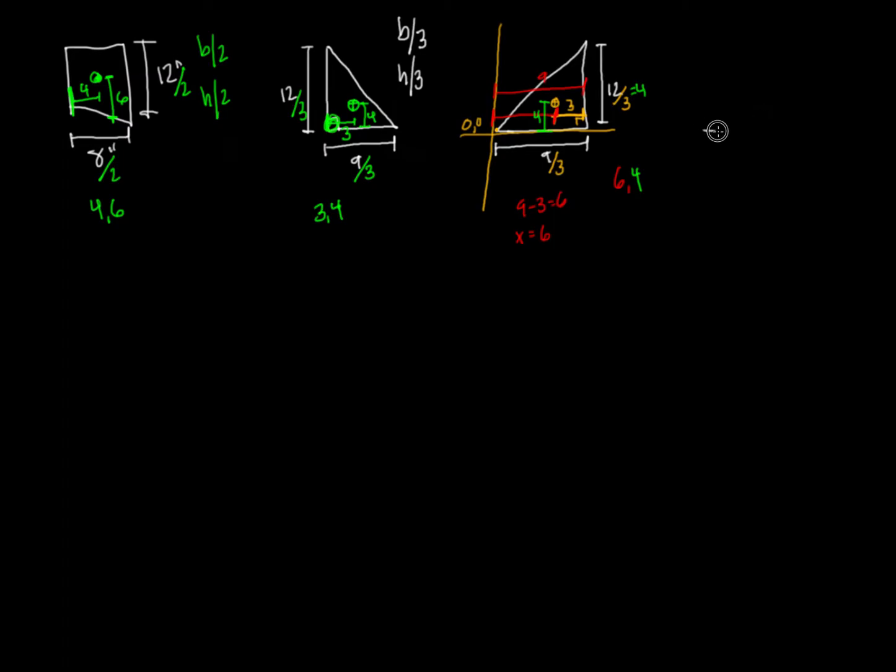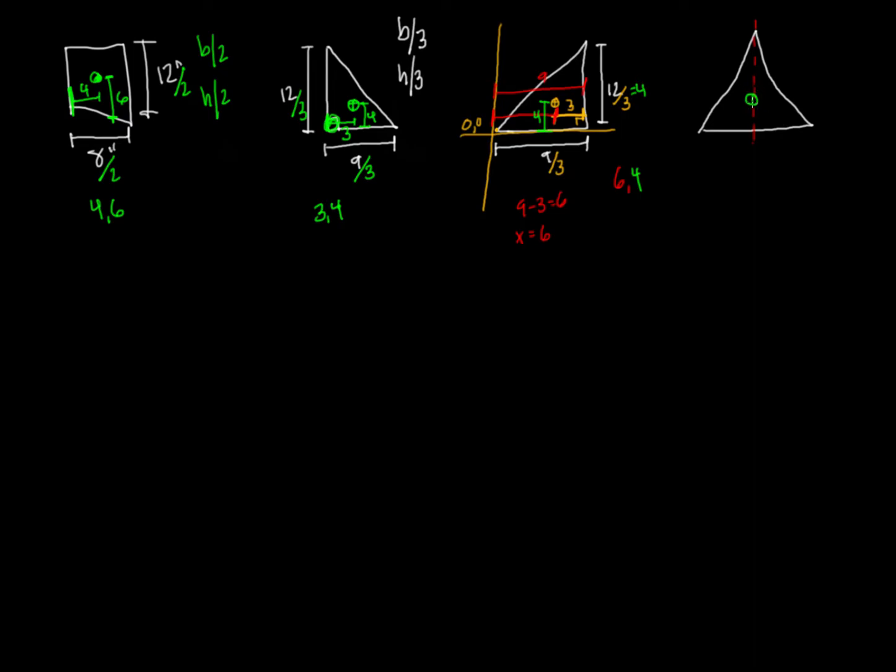Now, let's just do a quick talk about what happens when you have a triangle. I apologize for my drawing skills tonight. But what happens if you have a triangle that has a line of symmetry to it? Well, this is where you have to think a little bit.